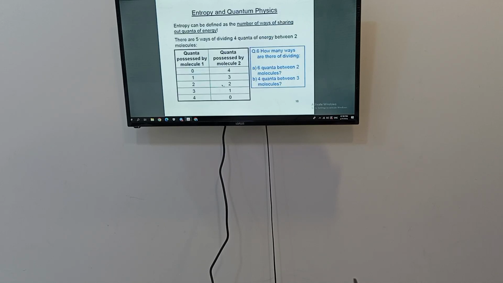Entropy and quantum physics. Entropy can be defined as the number of ways of sharing out quanta of energy. There are 5 ways of dividing 4 quanta of energy between 2 molecules. You have here quanta possessed by molecule 1 and quanta possessed by molecule 2.